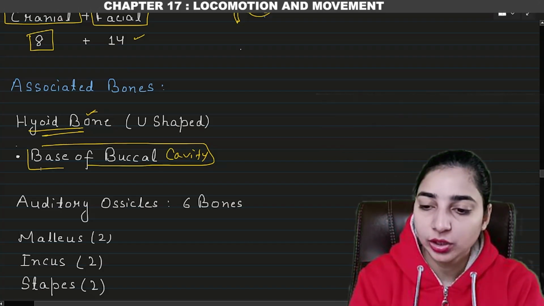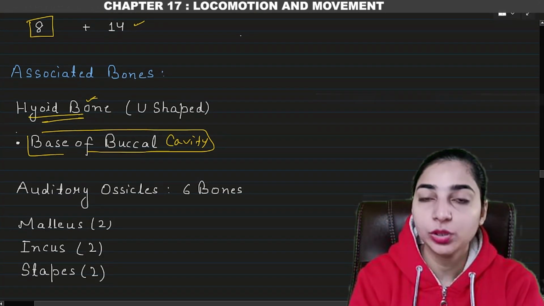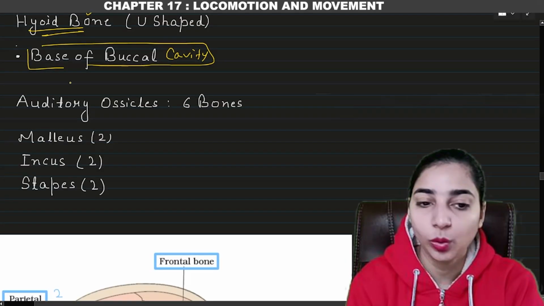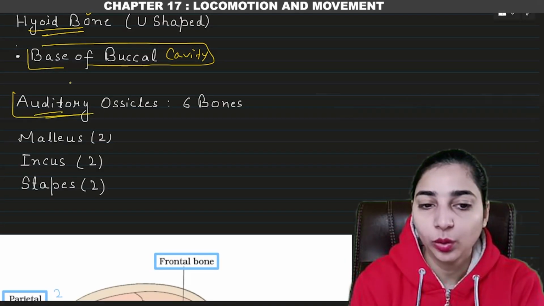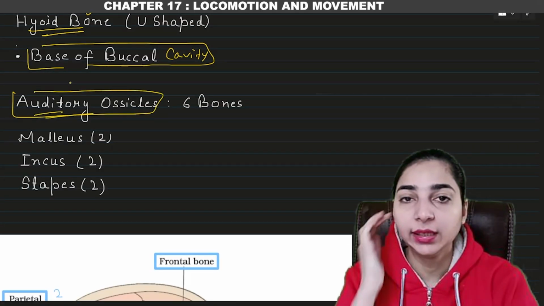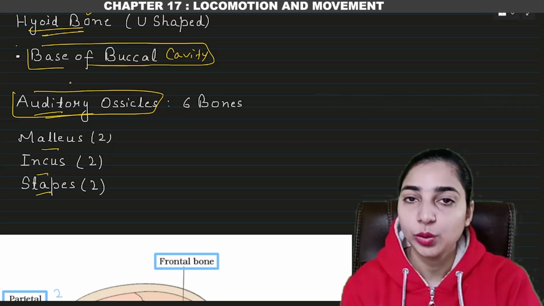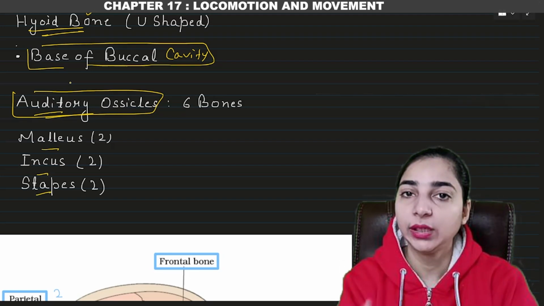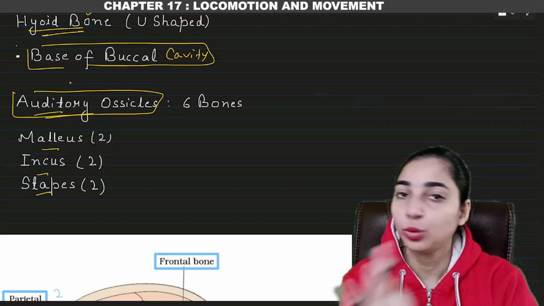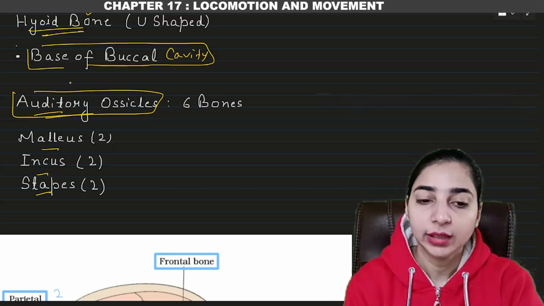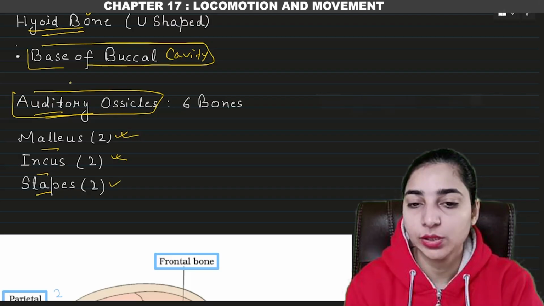In addition to the hyoid bone, there are some bones present inside our ear, the auditory ossicles. Inside the ear we have three types of bones: malleus, incus, and stapes. In each ear we have one malleus, one incus, and one stapes, so in 2 ears we have double, that means 2 malleus, 2 incus, and 2 stapes.